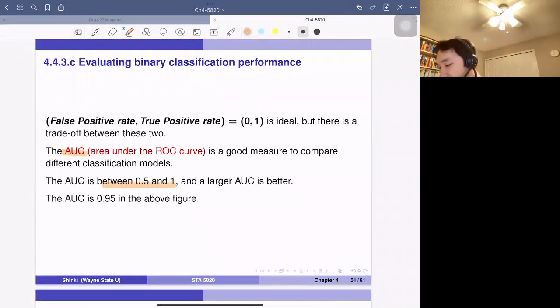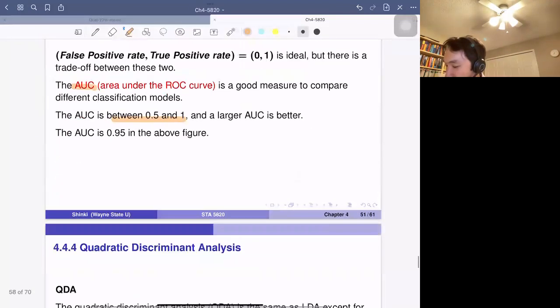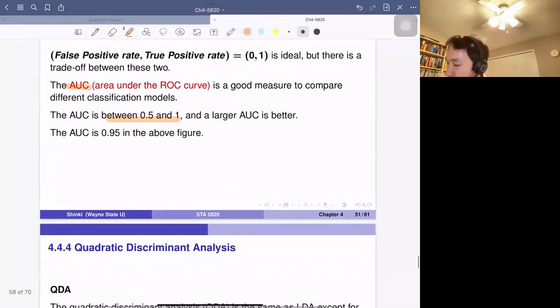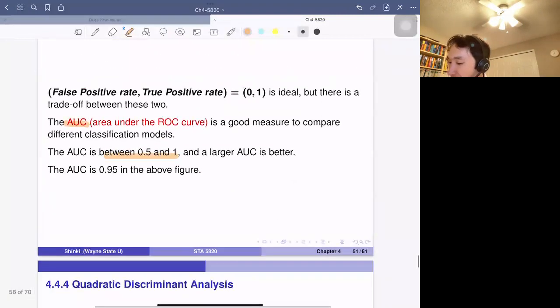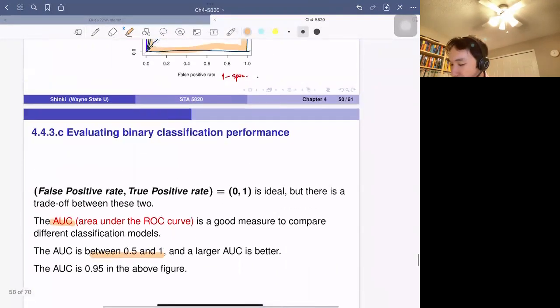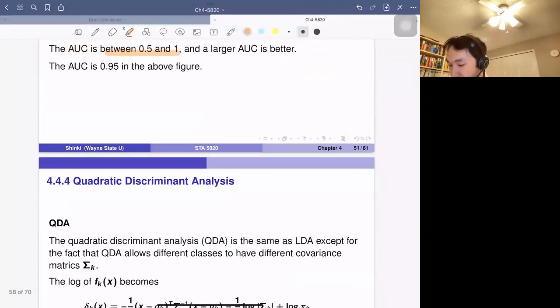We cannot exceed 1. Possibly 0.499 or something based on some estimation methods, but 0.5 to 1. So yeah, a larger AUC is better. Just comparing one number, you can see the overall performance of the prediction model. So if one AUC is 0.7 and the other is 0.6, then probably 0.7 is better.